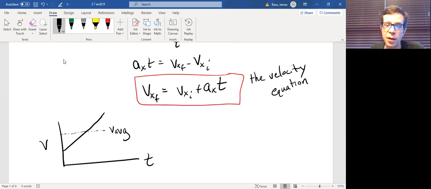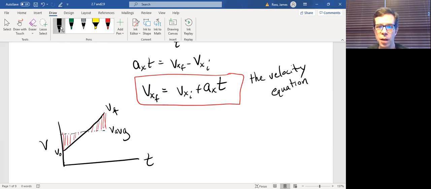And you can look at this graphically and see that it's just the middle value between v naught and v final, right? If I were to chop off this and just flop it over here, then I would have the same area. And that area would be v average the whole time.